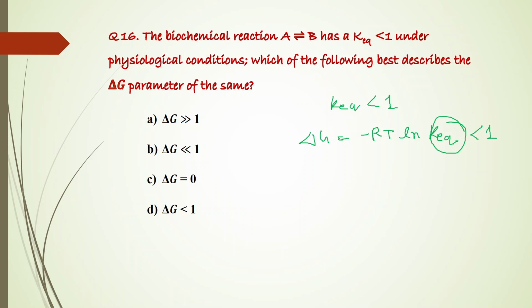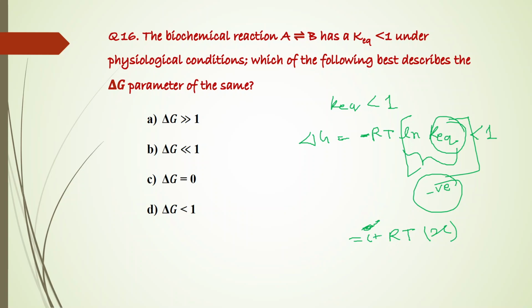Now if you put a value in the ln that is less than 1, this ln K equilibrium will ultimately end up giving you a negative value. So if this ln K now becomes negative, you already had a negative sign initially, so ultimately that will give you RT times some value that we don't know.